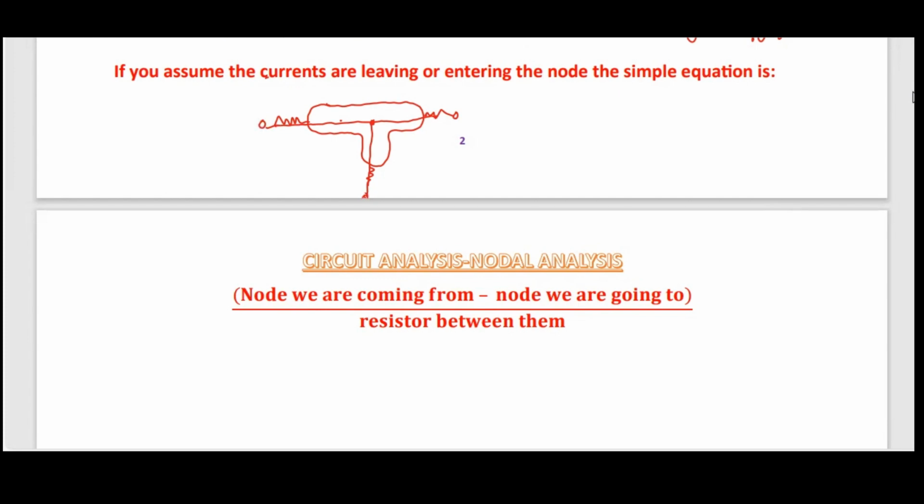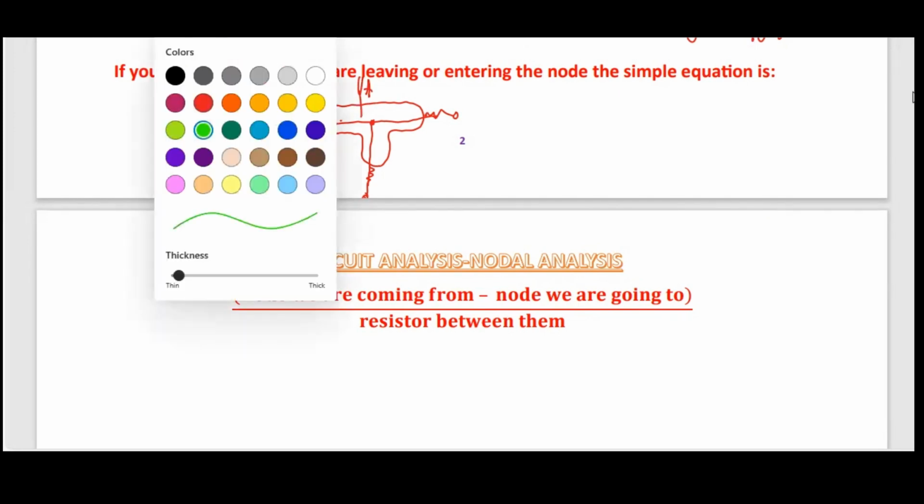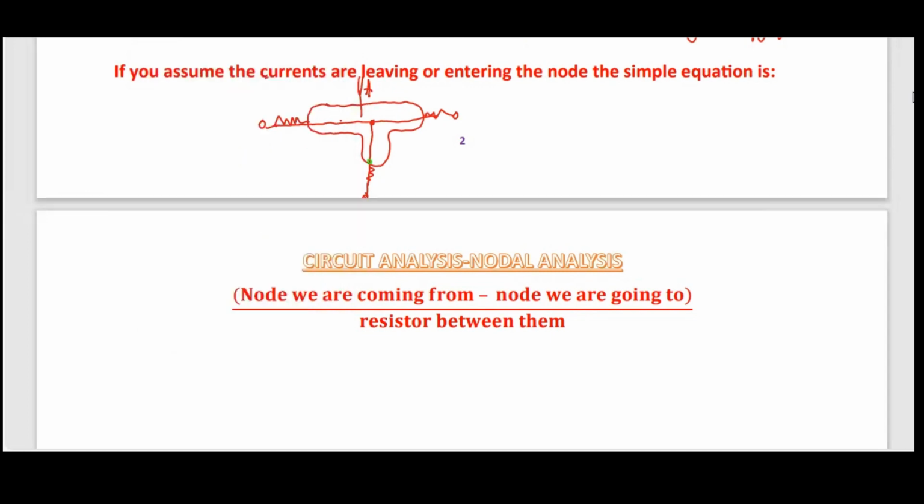In this node, say we name this node VA. We could either assume the currents are leaving the node or entering the node. So right here at the endpoint, we could assume the currents leaving or entering. I like to do it leaving, but it doesn't really matter what direction you choose.